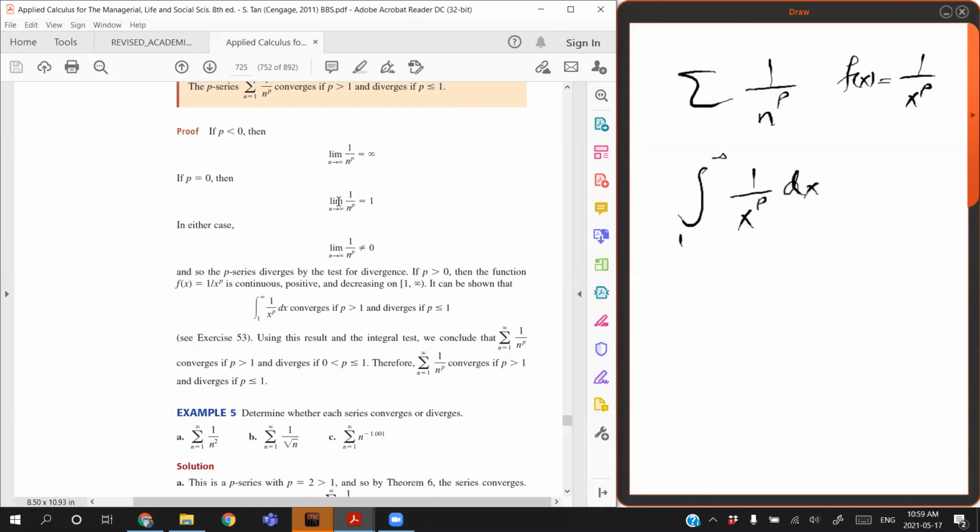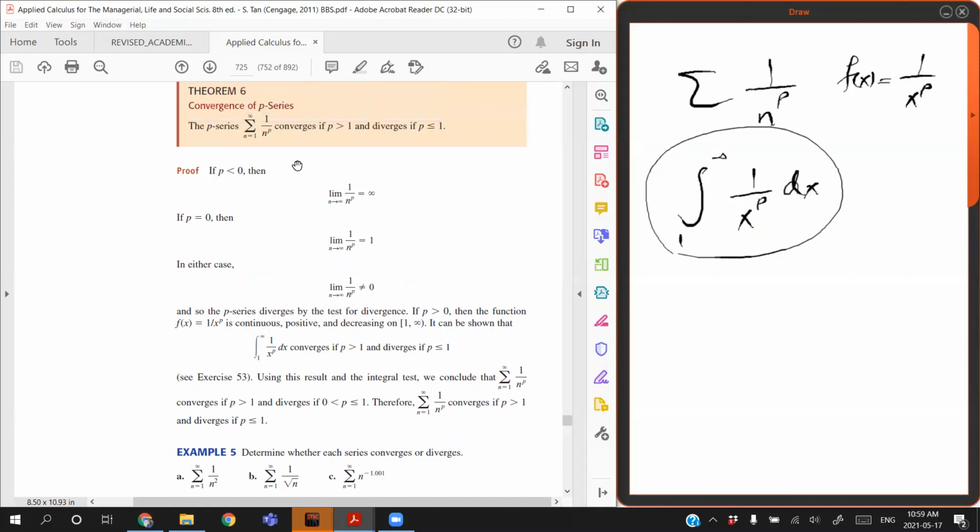You will see that this improper integral is convergent if P is greater than 1, and it will be divergent if P is less than or equal to 1. So for that reason, the P series would be convergent if P is greater than 1, and divergent if P is less than or equal to 1.